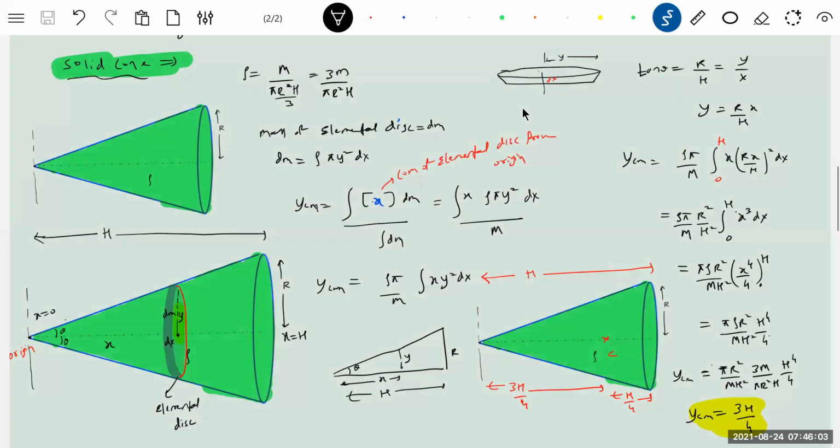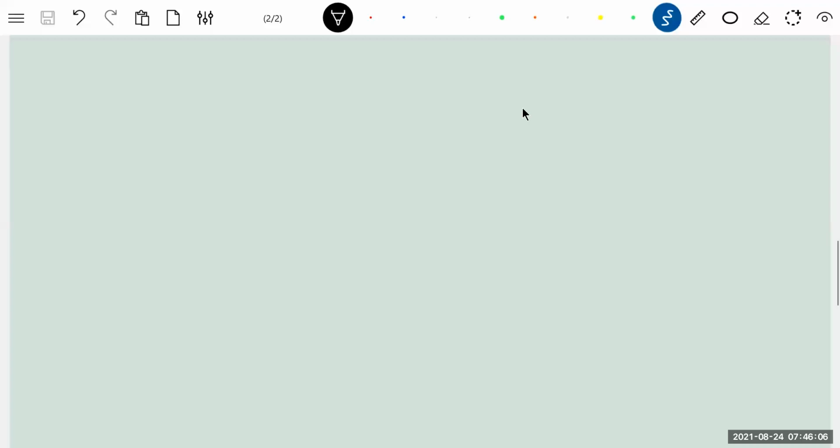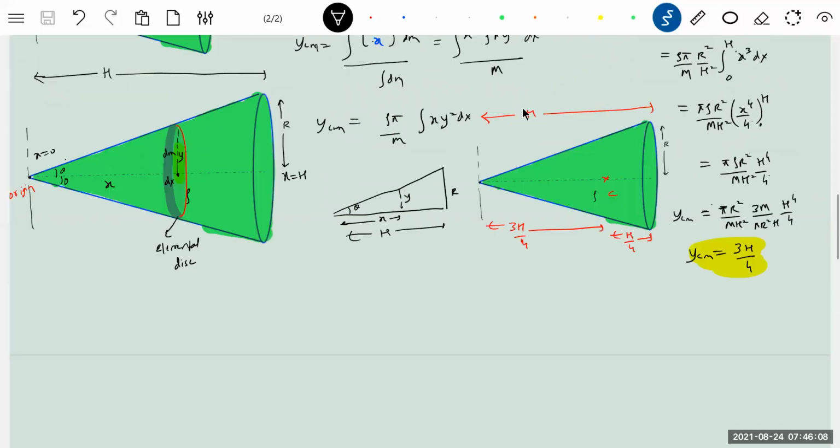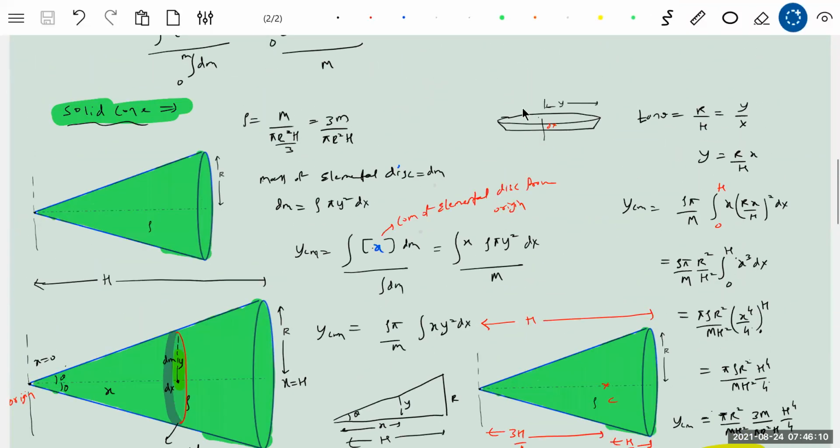Okay, now we'll go for the hollow cone. This one is only the hollow cone.